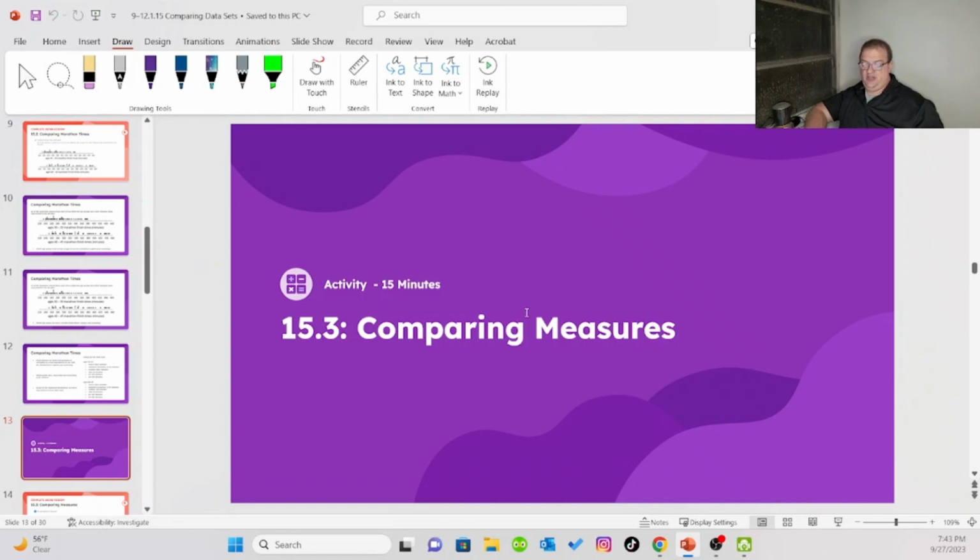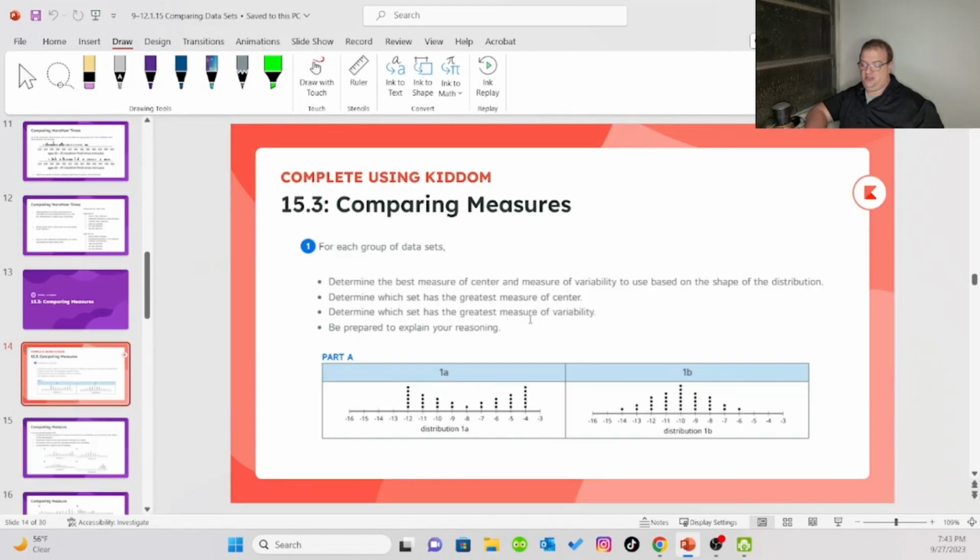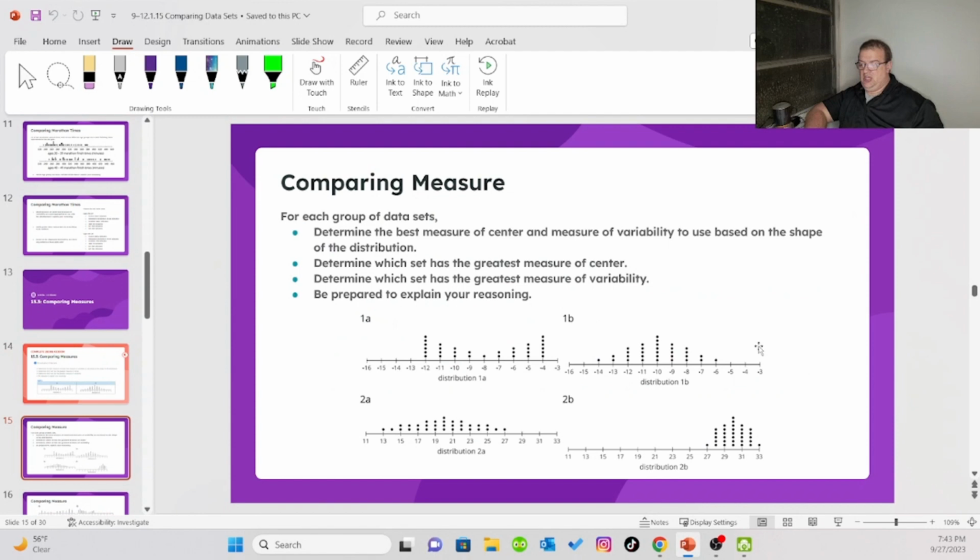So our next activity is called comparing measures. This one should take about 15 minutes. And what they're going to do is give us different sets of dot plots, box plots, and descriptions.